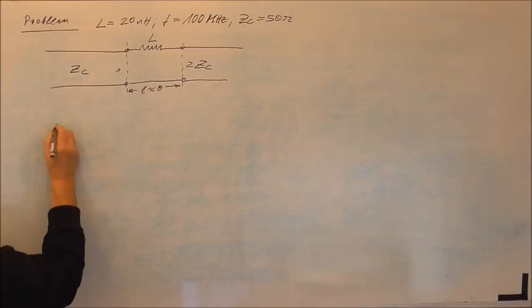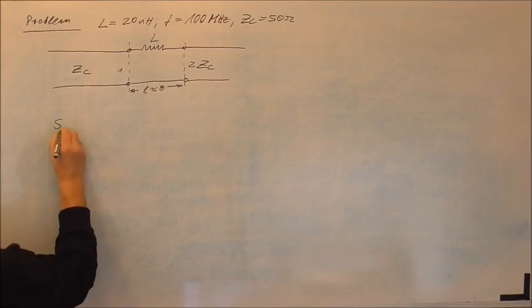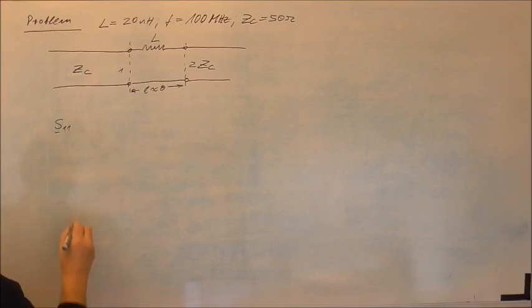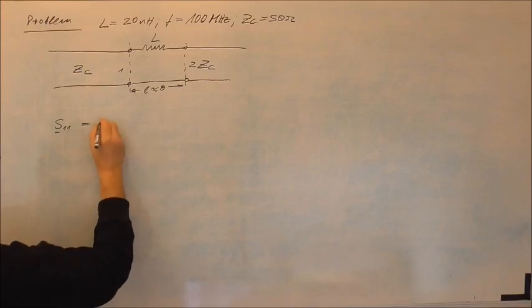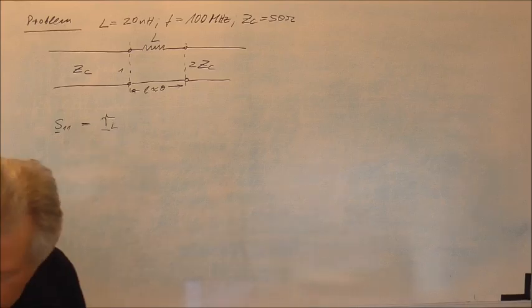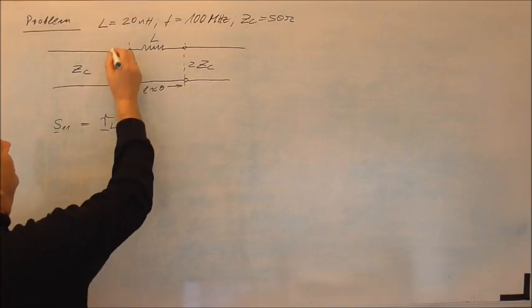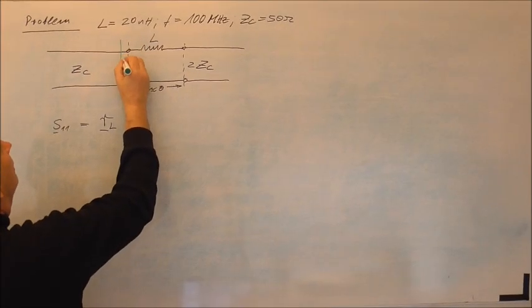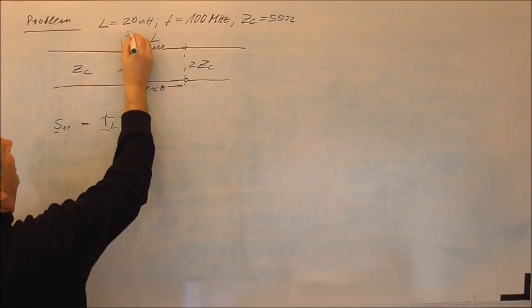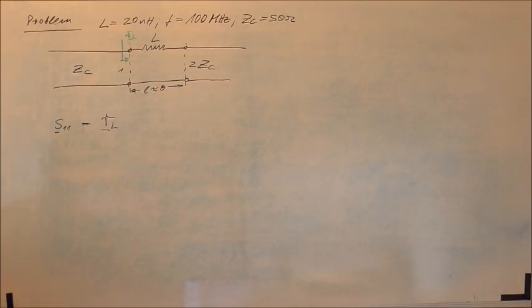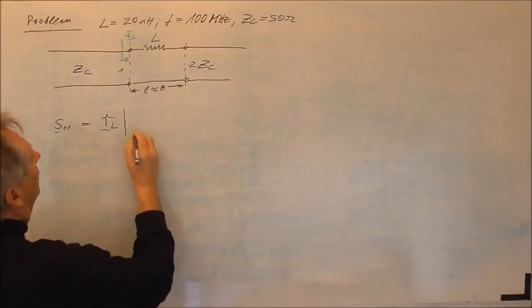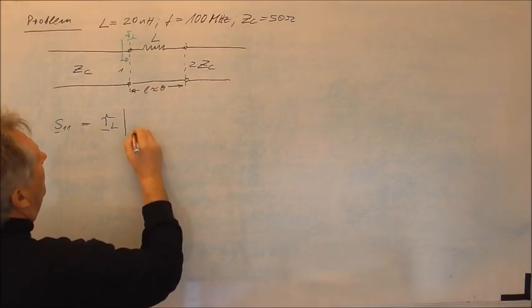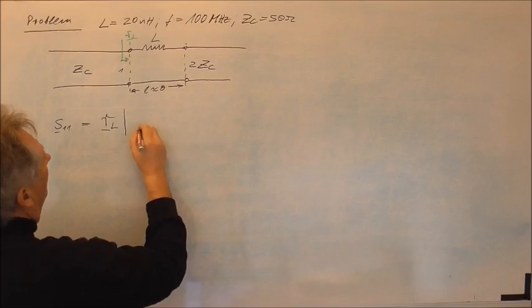So we know that the S parameter S1,1 is in principle the reflection coefficient. Perhaps I call it RL, which I see into port 1 here. So this would be RL, but only if port 2 must be matched.